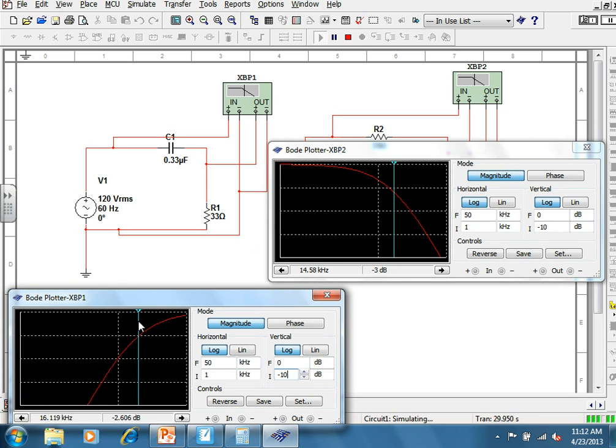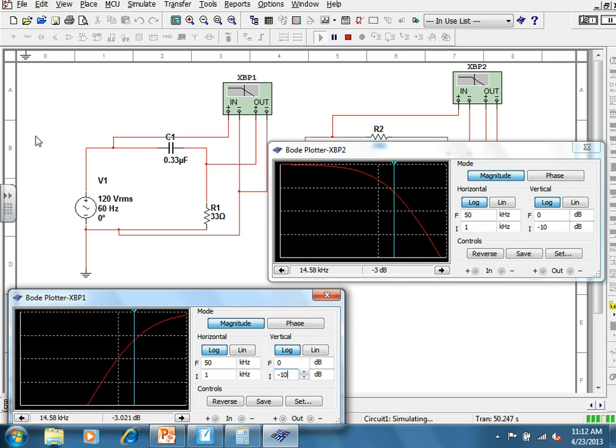And we'll find the 3 dB down point on this guy. Okay. 14.58 kilohertz. What do we calculate it to be? 14.6. I guess that's good enough. What happened to this guy? He moved. There you go. 14.58 and we calculated 14.6.